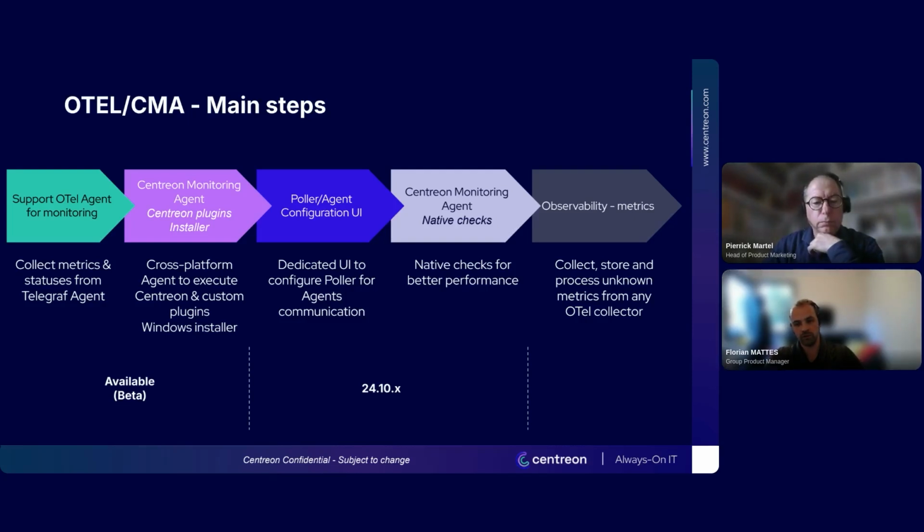So that's about interoperability, and that's about having one agent instead of a lot of different agents for the same host. The goal is to rationalize the agents. This will be available also in 24.10.x.